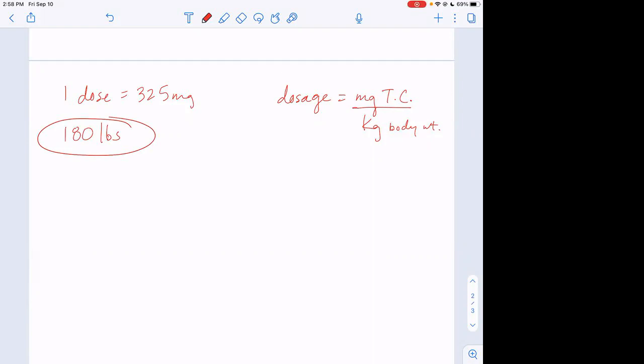That relationship is on page 1. It's 0.454 kg equals 1 lb. So you'll take 180 pounds and convert that to kilograms. I'm not going to write that out for you. Get his weight in kilograms, plug it in on the bottom, and the problem gives you his milligrams of drug. Okay, that's it for that one.